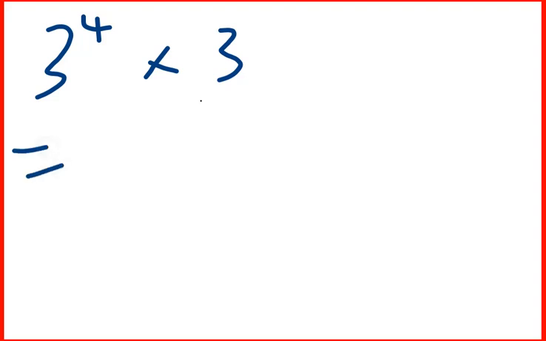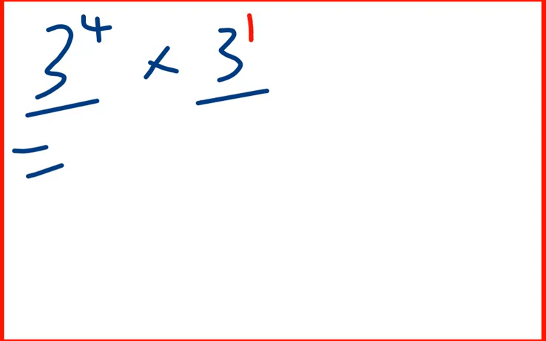Let's have a look at our second example, which is 3 to the power of 4 times 3. If you simplify that, it's the same base. What are the exponents? In this case we have exponent 4, and in this case we have exponent 1.